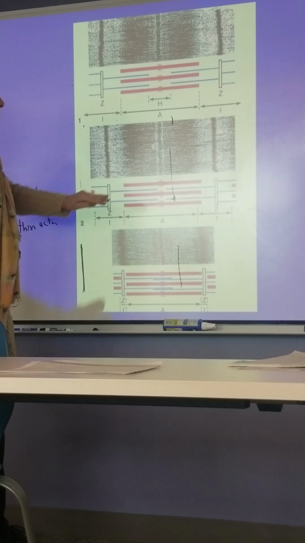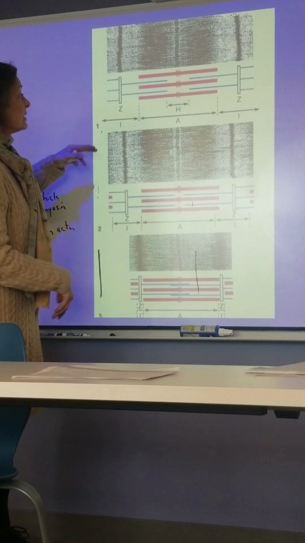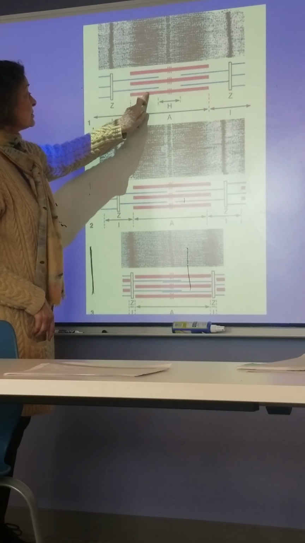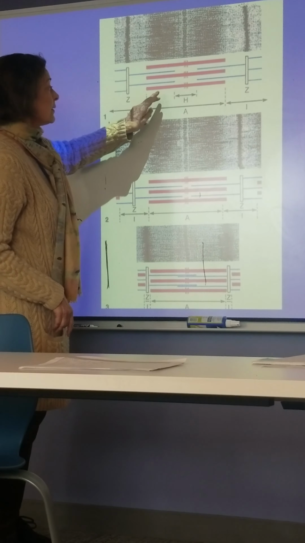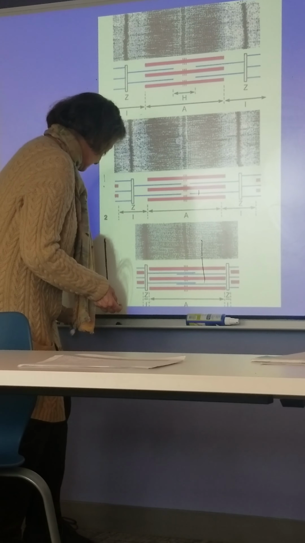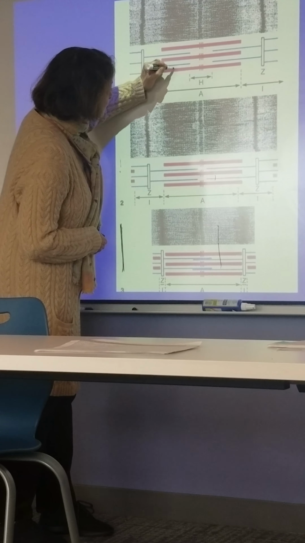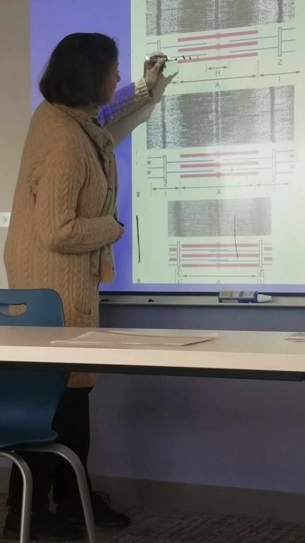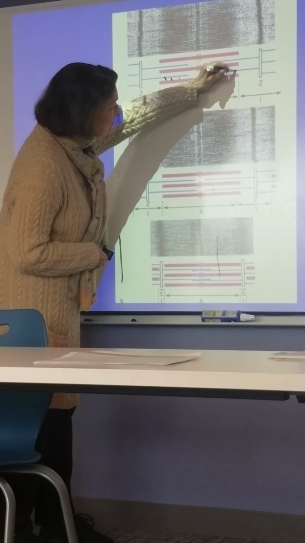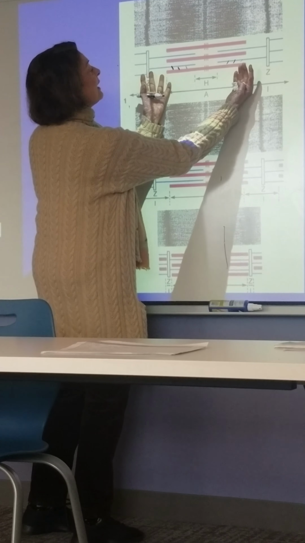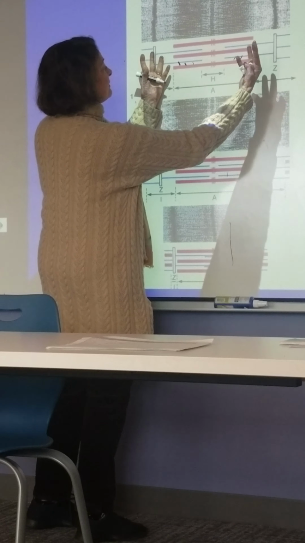Now when muscular contraction happens, the actin attaches to the myosin. Let's get a little myosin heads here. They attach to the actin and they pull the actin filaments closer together.